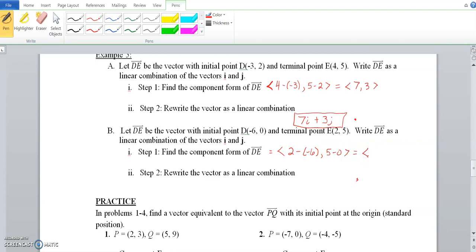So step 1, component form is 8 comma 5. And then step 2, write this component form as a linear combination. So you literally just write vector DE is equal to 8i plus 5j.